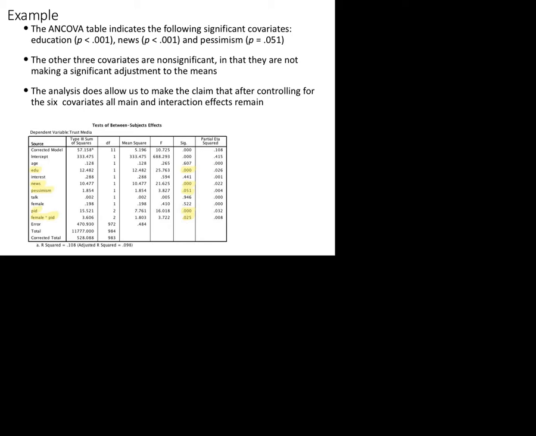And so in our case, we still have a significant main effect for party ID, and then we have a significant interaction between the two independent variables after controlling for the covariates.